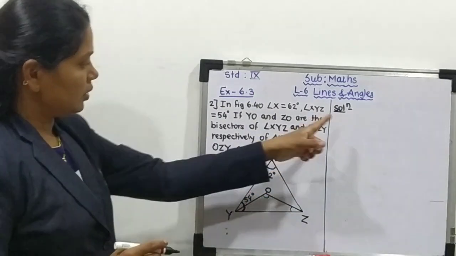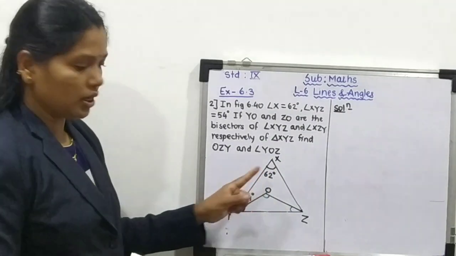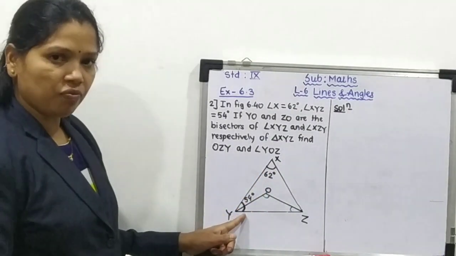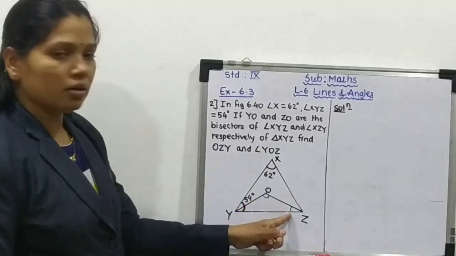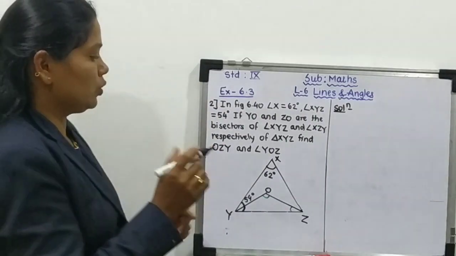Now from the triangle what we know? That whole X we know 62 degree, whole Y we know 54 degree, and Z we don't know, that we can find. The whole angle we are going to find.